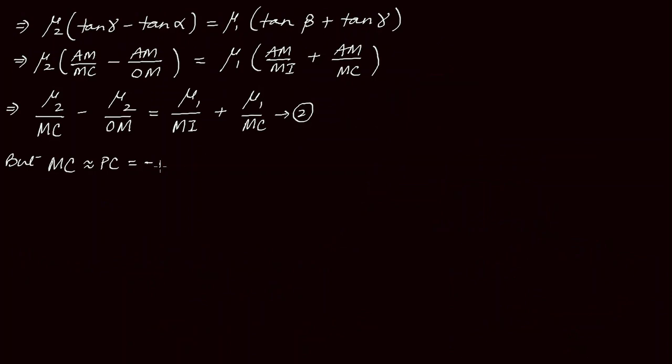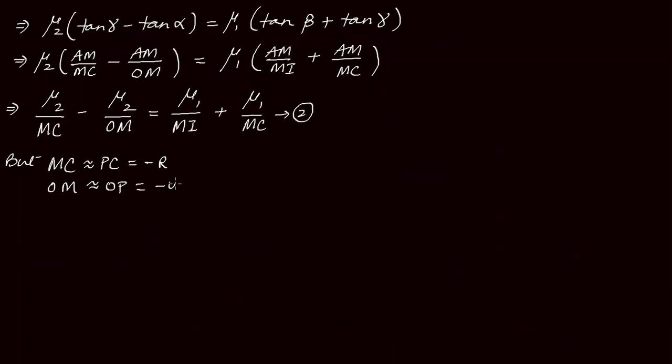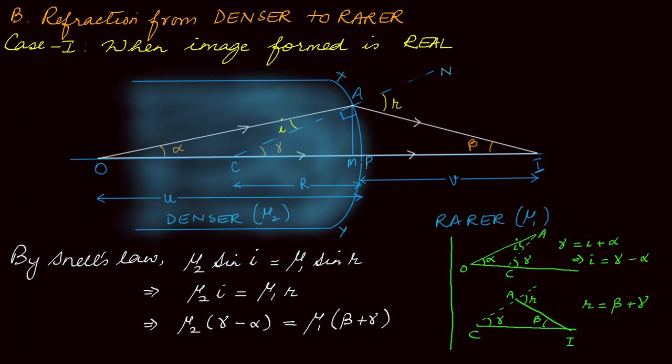So this will be minus R. OM is nearly equal to OP, and OP is minus U. What about MI? MI is nearly equal to PI, from here till here, that is plus V.